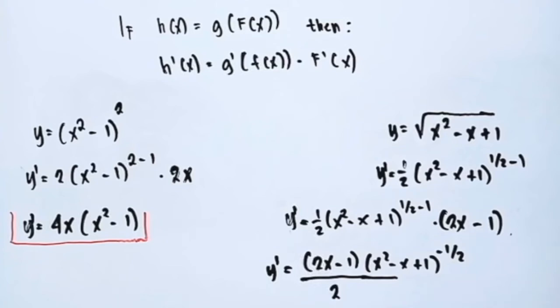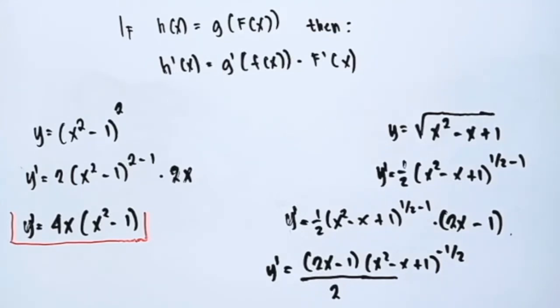Hence, the final answer is, we can still simplify this. We can put the x squared minus x plus 1 into the denominator, so the negative will be cancelled.